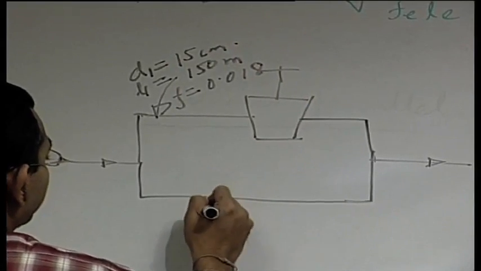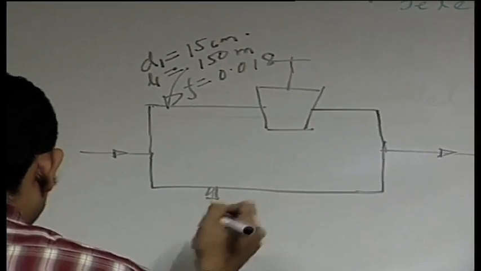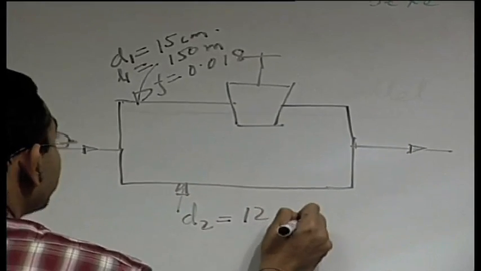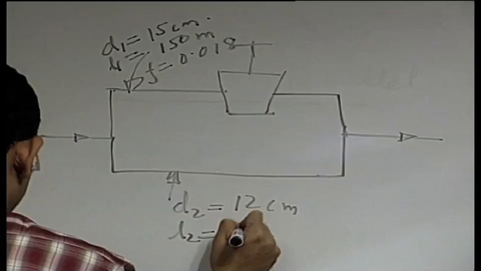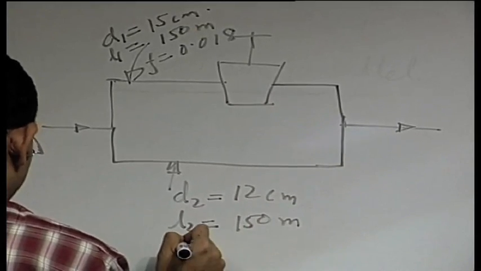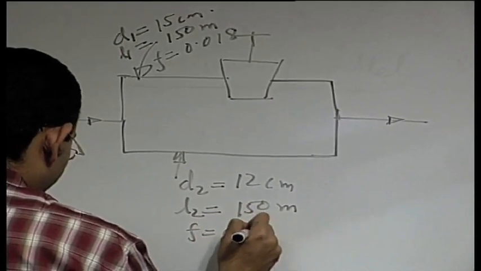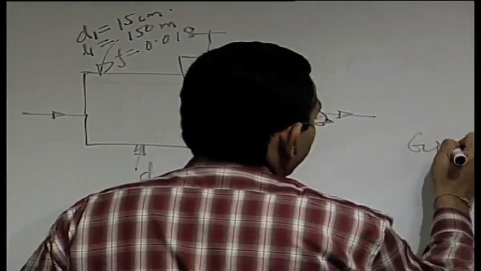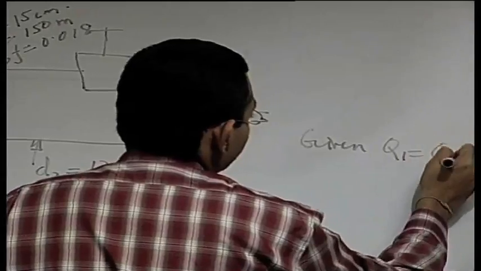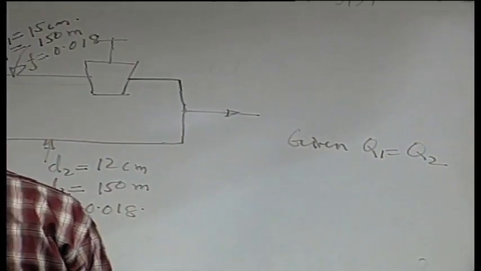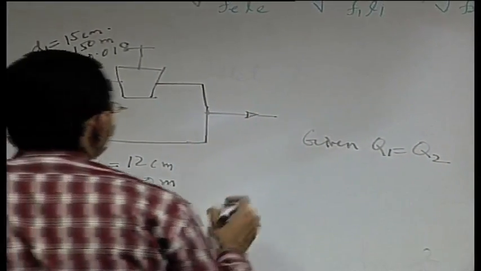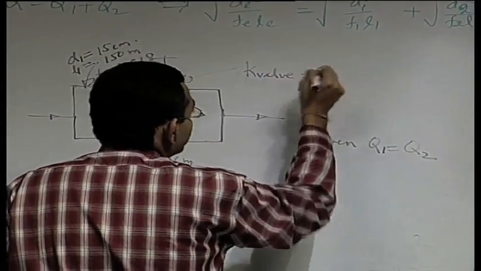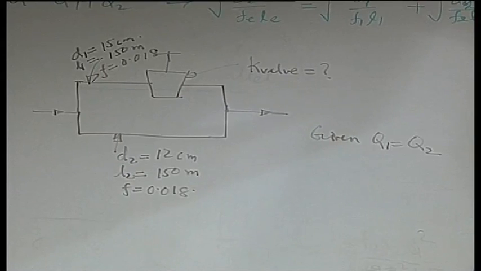The other pipe is the diameter D2 is 12 centimeter, the length L2 is 150 meter and the friction factor is the same 0.018. It is given that Q1 is equal to Q2. You have to find out what is the loss coefficient of this valve.